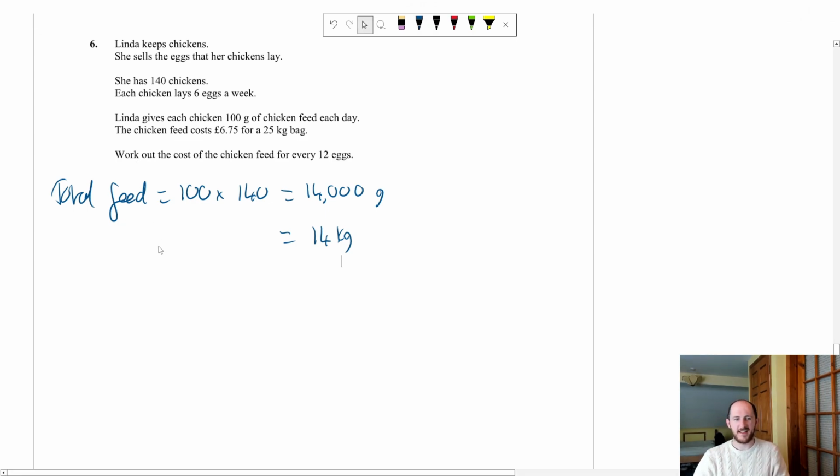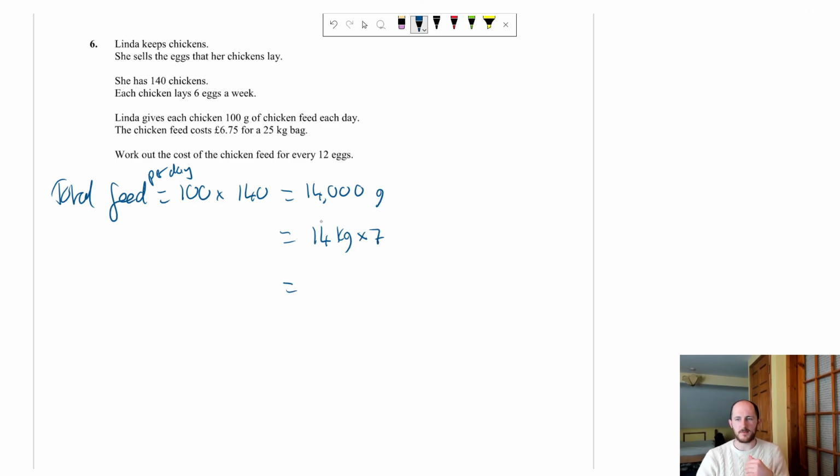So, that's kind of a lot. It says, work out the cost for every 12 eggs. Each chicken lays 6 eggs per week. So I would probably make this into the total. So this is a total feed per day. Because we want to compare it to the number of eggs, right? I would probably times this by 7 to get the weekly feed.